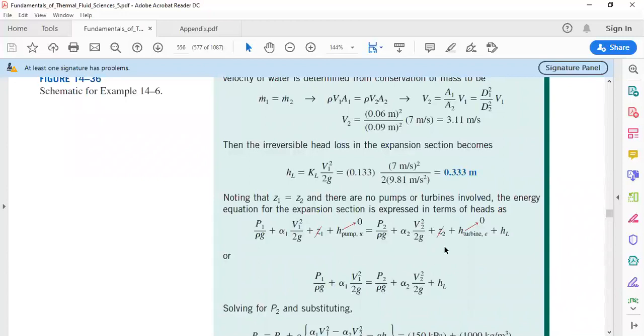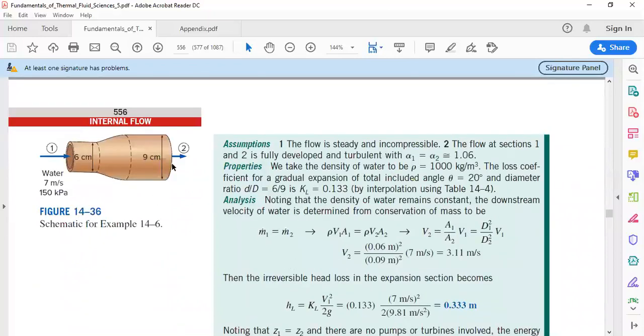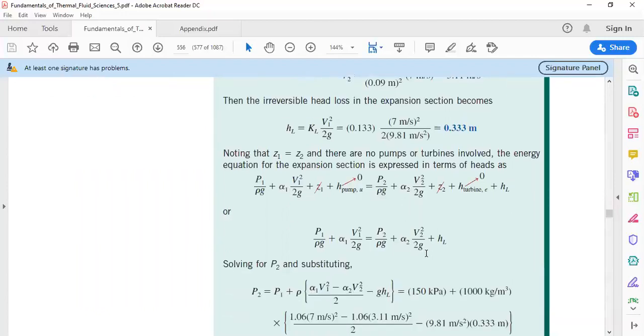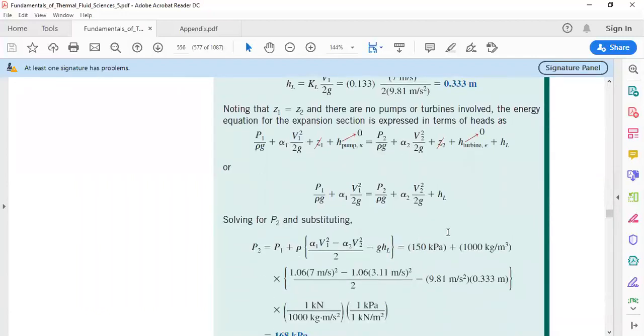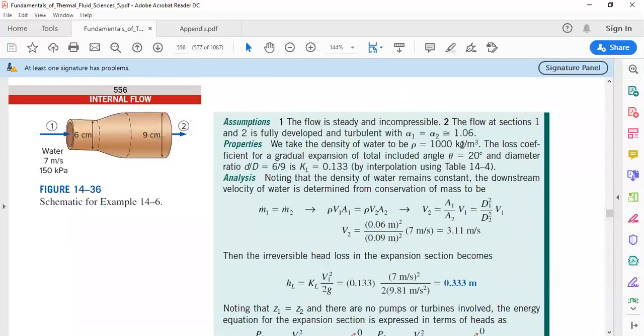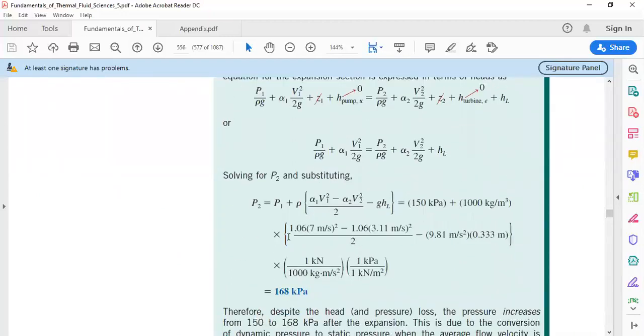In order to find the pressure at section 2, we apply the energy equation between sections 1 and 2. We know the velocities. We know the elevation is the same, so Z1 and Z2 are the same. The alphas, alpha 1 and alpha 2, we assume are equal to 1. For turbulent flow the alpha would be about 1.06, but if no information is available, simply assume the value of this kinetic energy correction factor to be 1.